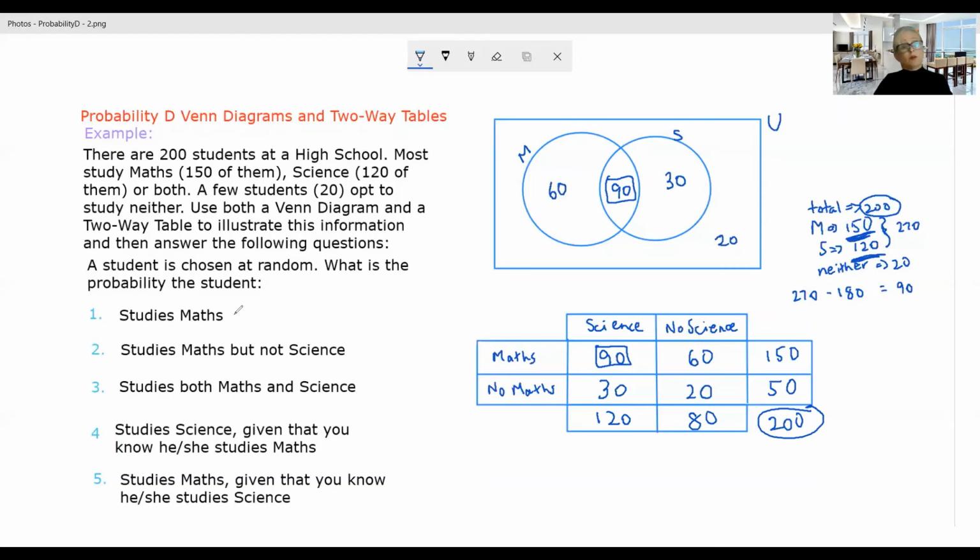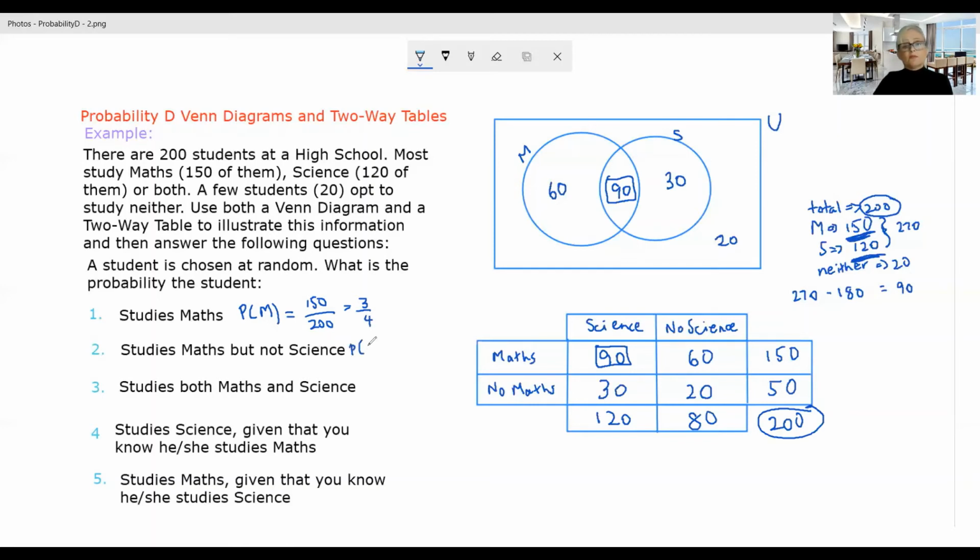Okay, probability that the person studies maths. Just a person at random out of these 200 people. Well, our total number who do maths is 150 and we have 200 students, and that just simplifies to 3/4.